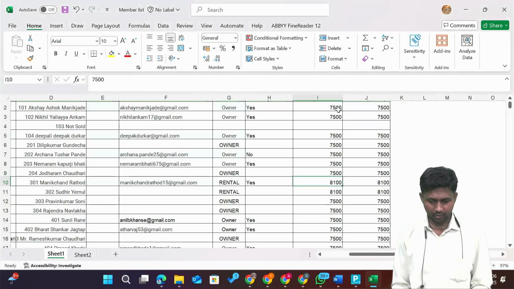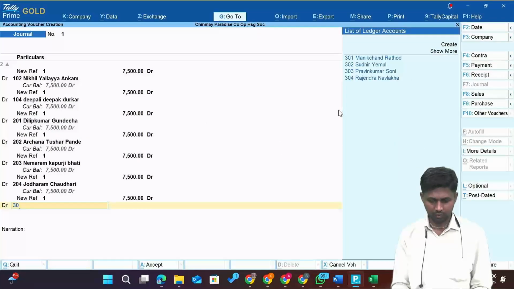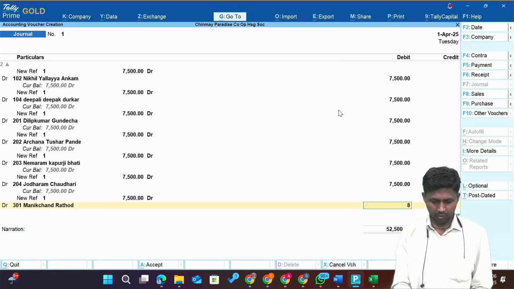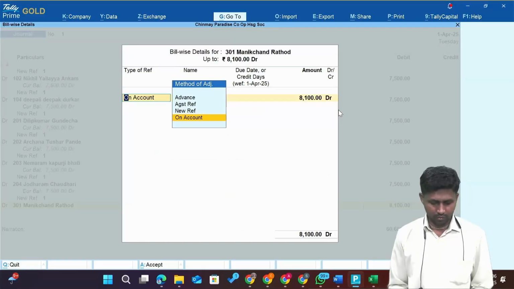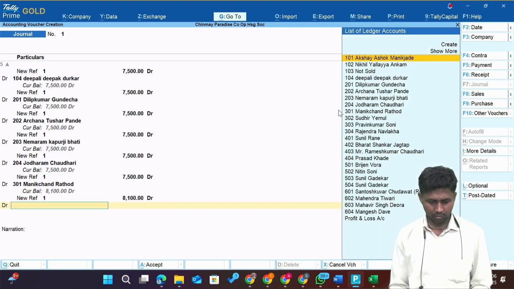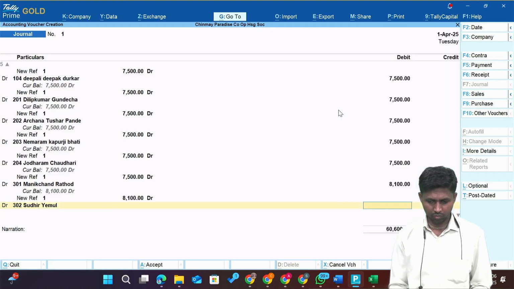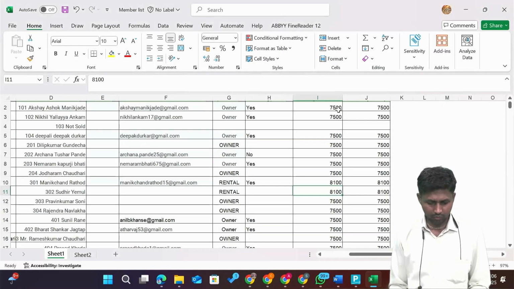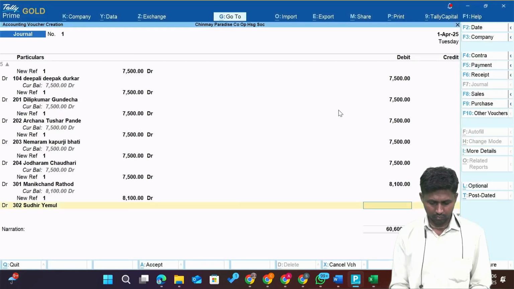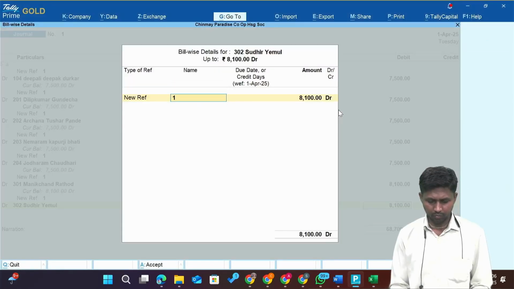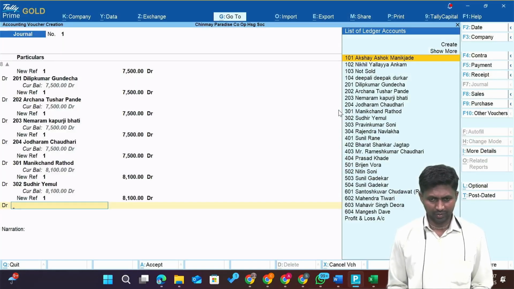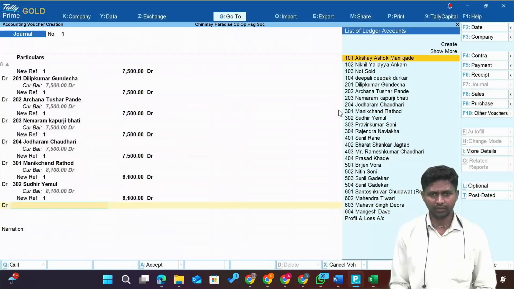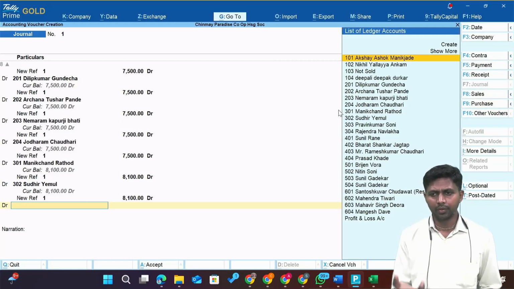Then after that, again 301, 8100. Then 302, 8100. Now passing the first entry is only time consuming. Then after that, other entries you can easily pass. Just duplicate the entry, you'll get the whole thing as it is.